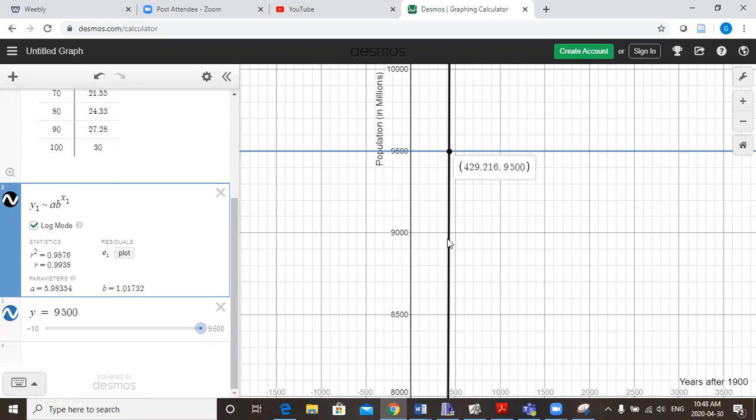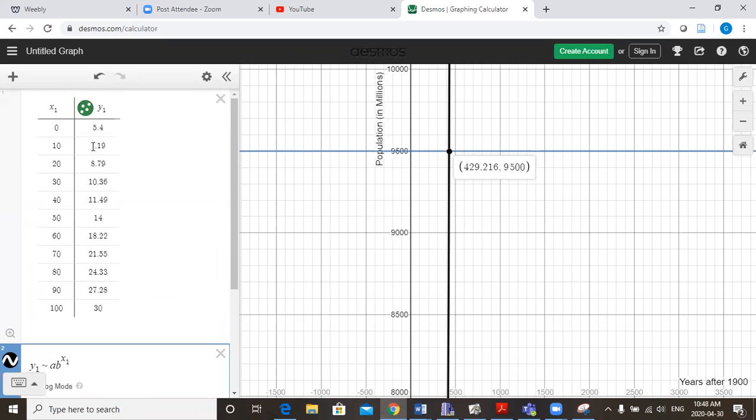So the next question is, what happens if we don't have a data table? What if we're just given a context, okay? And we have to then build the data table. And so there's two scenarios that come up here, and that is number one, exponential growth when the graph is increasing, and number two, exponential decay when the graph is decreasing. Again, the only thing that's going to be different here is that if it's exponential growth, that B value you would expect to be greater than 1.